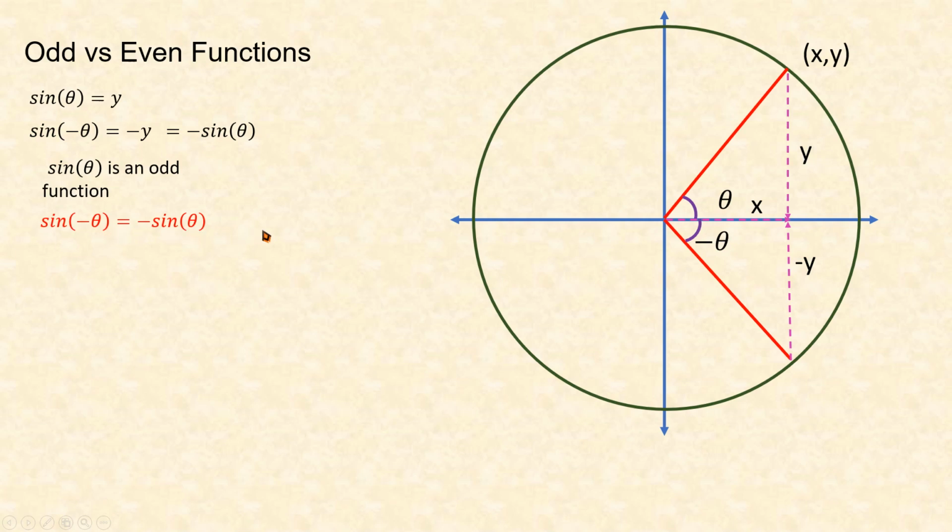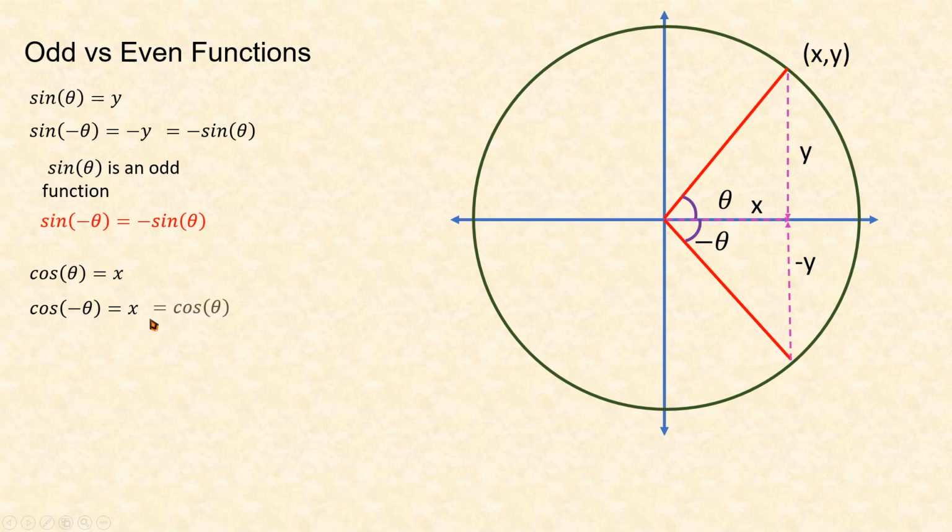Now, cosine of theta is x, right? x over 1 is just x. If you do cosine of negative theta, it's still x because the x doesn't change sign. You have positive theta and negative theta, and x is the same. So if you change to a negative input, your output doesn't change.